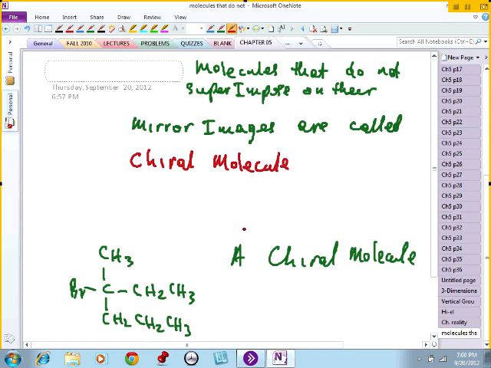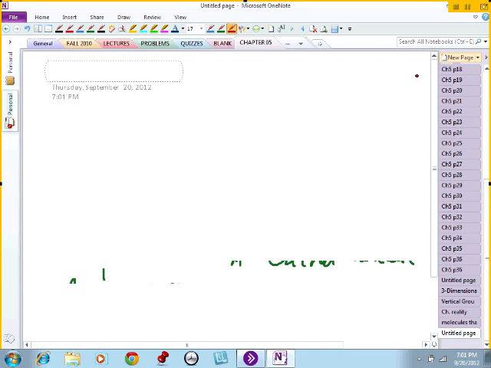Now the question comes, if we say these 2 molecules here are different molecules, because they do not superimpose on each other, how are we going to call them? What kind of name are we going to give them? Okay, let me give you an example.